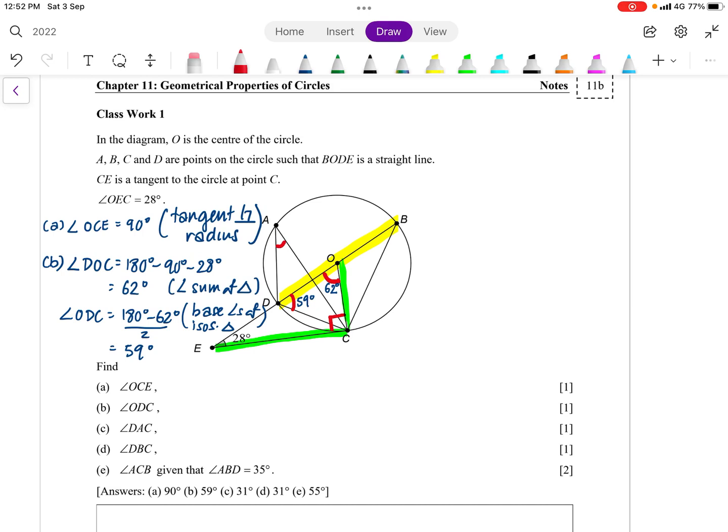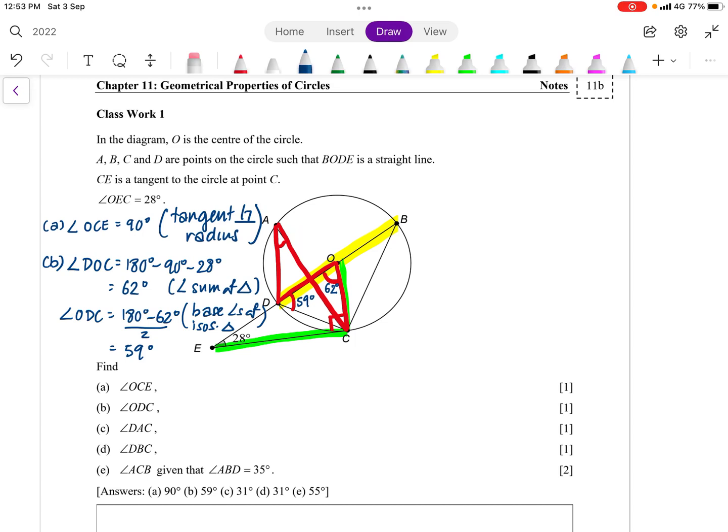There are so many other properties. Okay, if you stare at 62, 62 is actually angle at the center. Coming out from point D and point C, if you go out from point D and point C again, you will reach the circumference at A. Okay, so angle at center is actually twice angle at circumference.